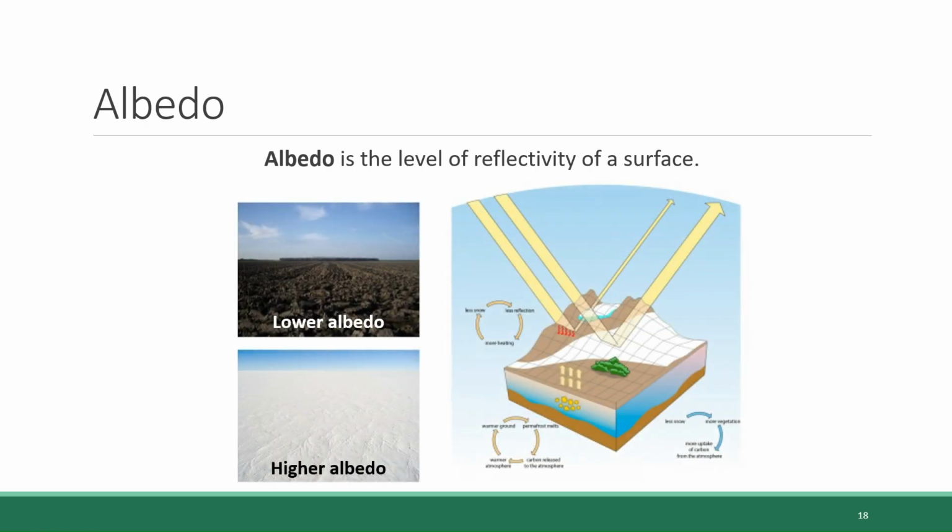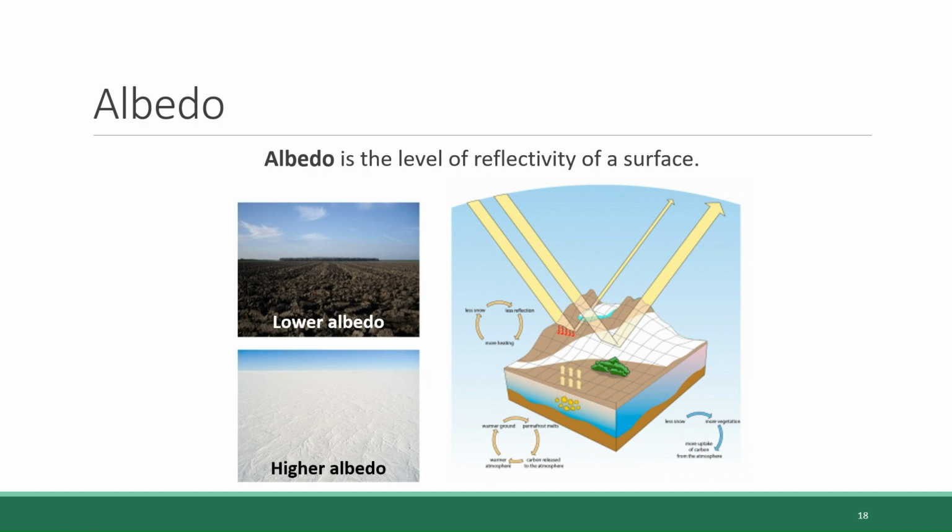And albedo varies based on the characteristics of a surface. For example, dark soil reflects very little solar energy and instead absorbs a lot of it, whereas lighter colored surfaces, especially ice and snow, reflect lots of solar energy and absorb very little. So the soil has a lower albedo or a lower reflectivity, while the snow has a higher albedo or a higher reflectivity.